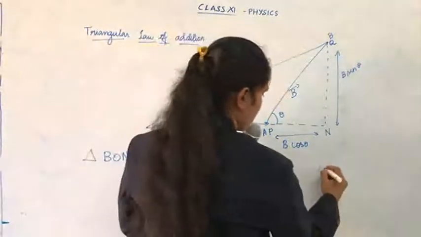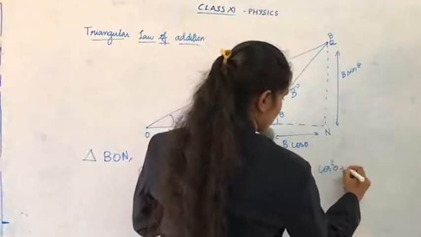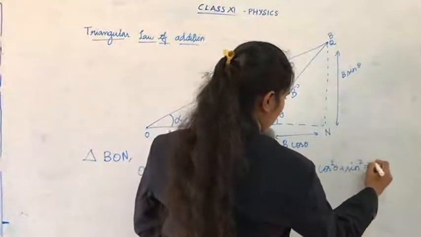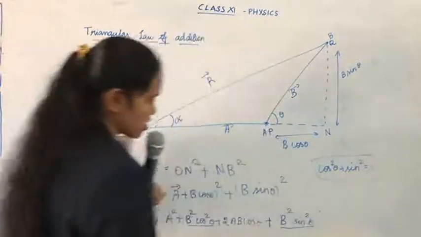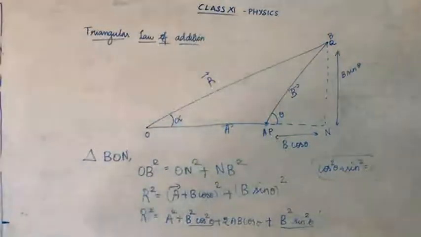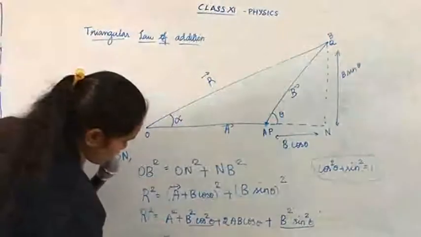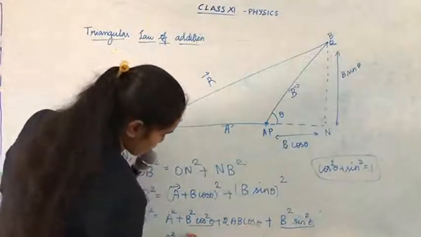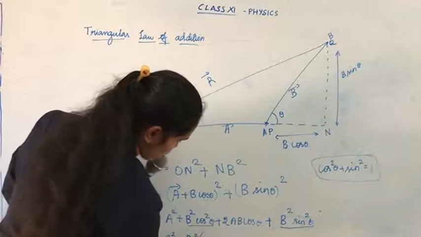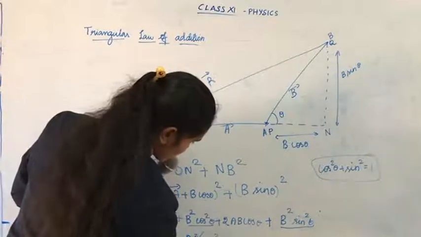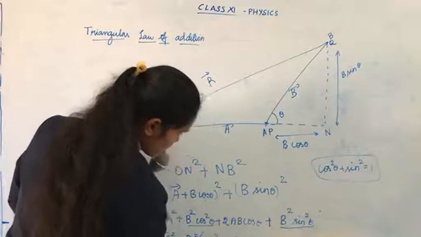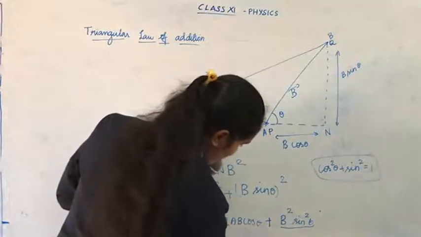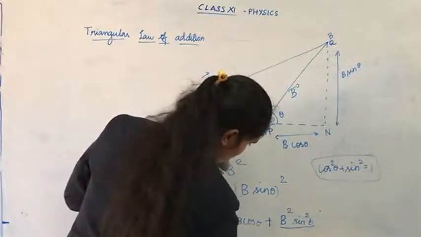We know one formula, cos square theta plus sin square theta equal to 1. Have you studied in maths? Yes. Now A square plus, you take the B square common, B square into cos square theta plus sin square theta, and the rest 2AB cos theta.